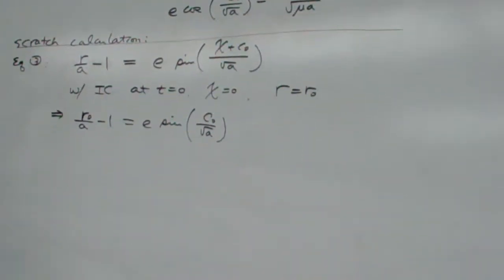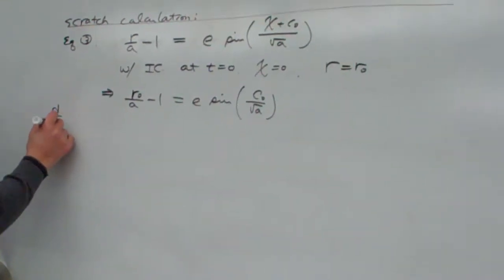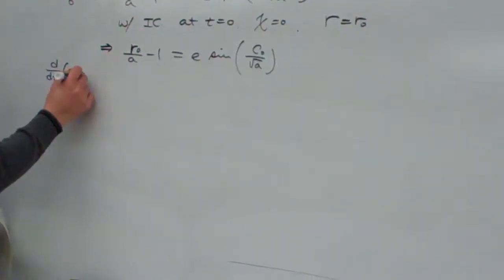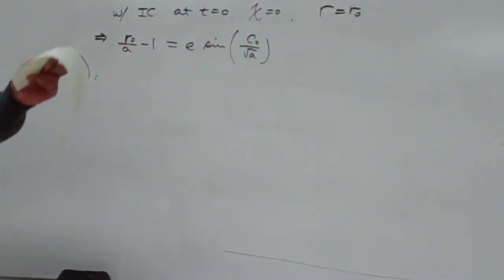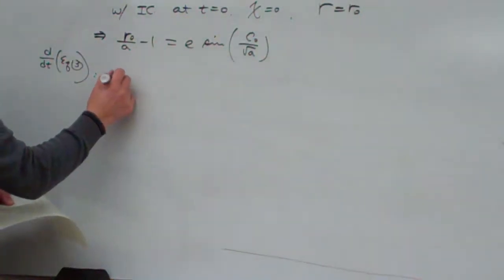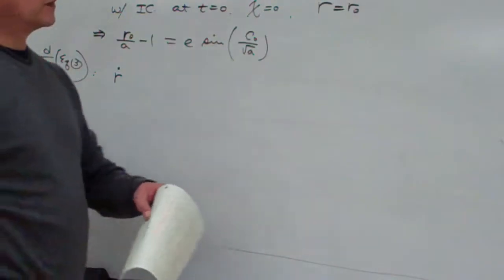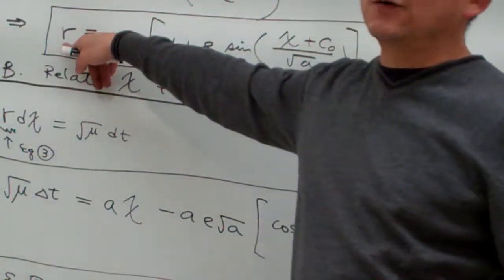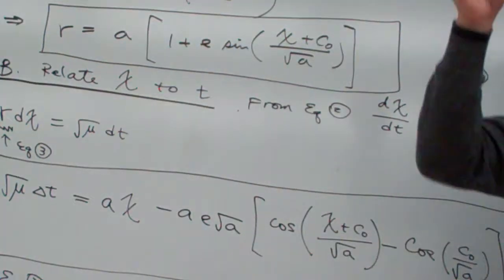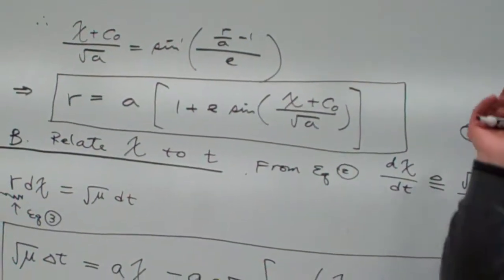Then we take the derivative of equation 3, and we see what happens. In these equations, R is time dependent; basically, R is changing over time depending on the movement.